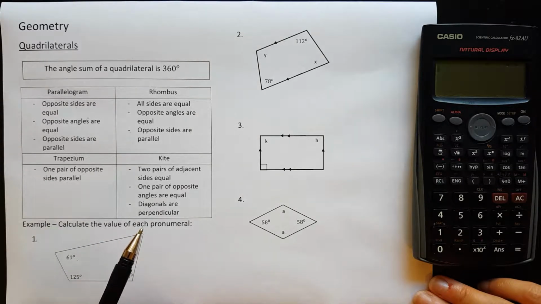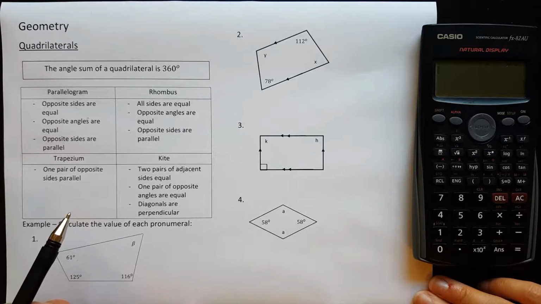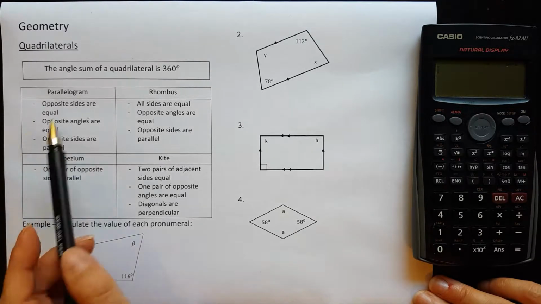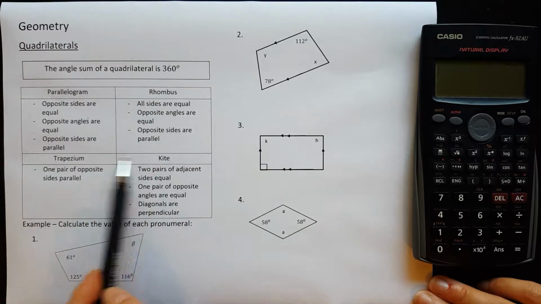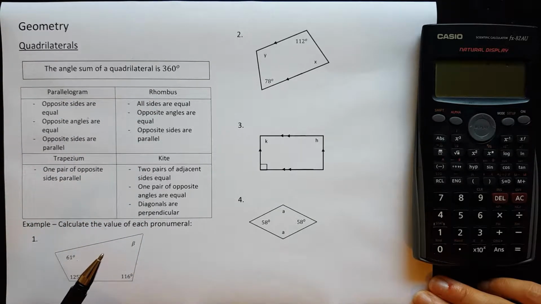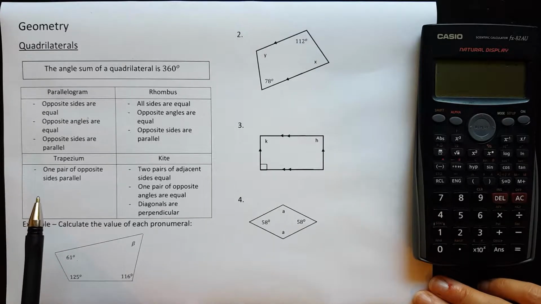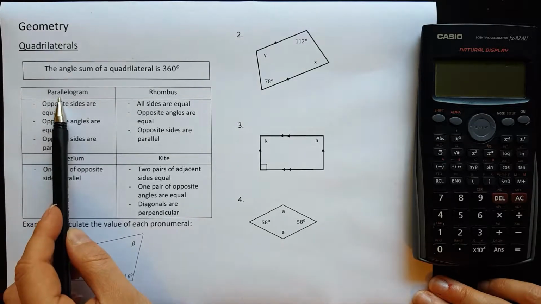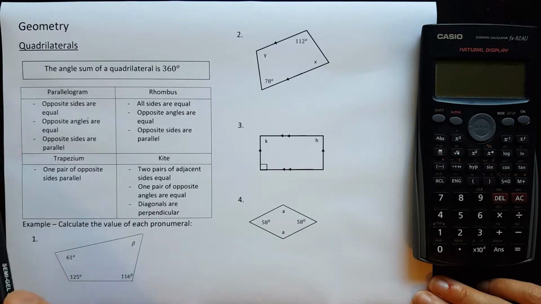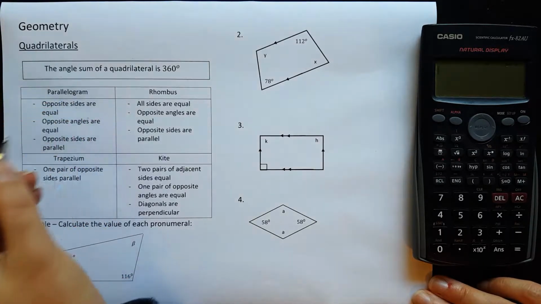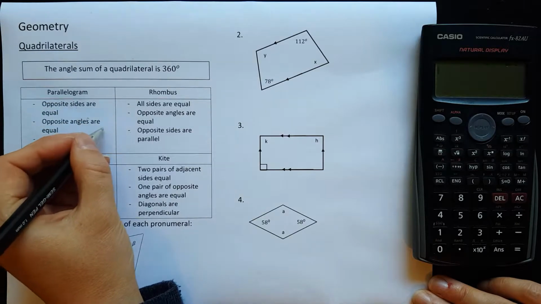Now there's lots of different types of quadrilaterals. We've heard of squares and rectangles, and I've put four special types in here that we may not know as much about. You probably know a lot about squares and rectangles already, but a parallelogram has opposite sides equal, opposite angles equal, and opposite sides are parallel.